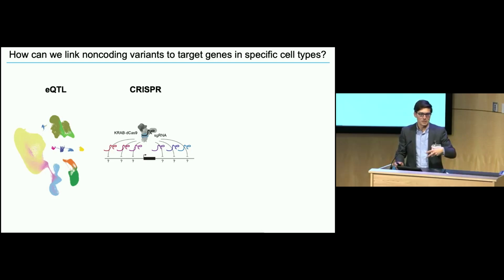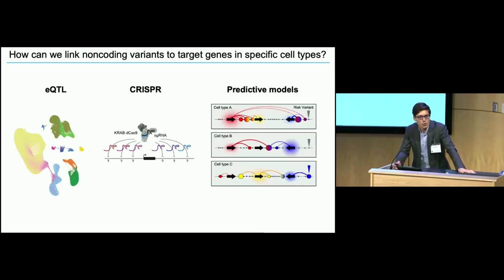And of course, here there's a similar challenge: these non-coding sequences can have very cell type-specific effects, and we can't possibly CRISPR every possible cell type in the human body. So what we need instead, or in addition to these two approaches, are really good predictive models that would allow us to take a particular non-coding variant and look up its function across nearly any cell type in the body and identify the cell types in which that variant might act, as well as the target genes.